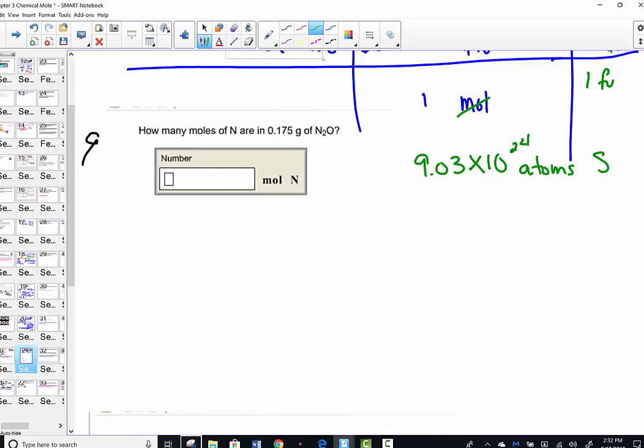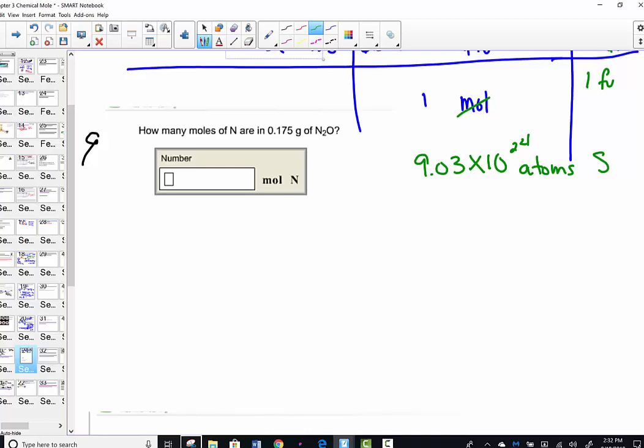Number 9 allows us to practice kind of that same skill, and you'll see this one on your sapling. So let's set this one up as well. Same skill. How many moles of N are in 0.175 grams of N2O? There is a clue there that lets me know that there's 2 conversions involved.